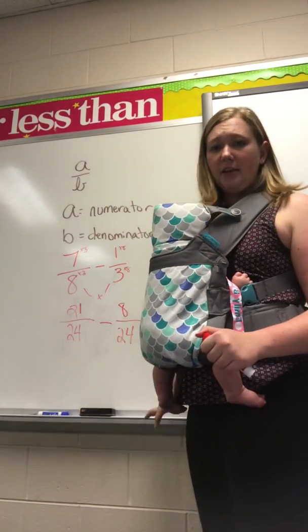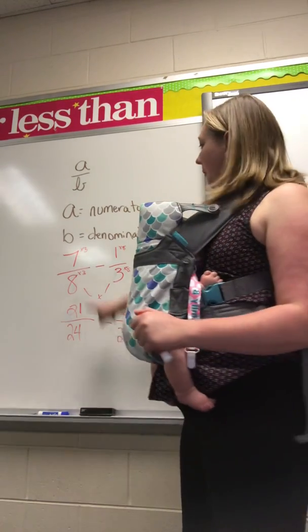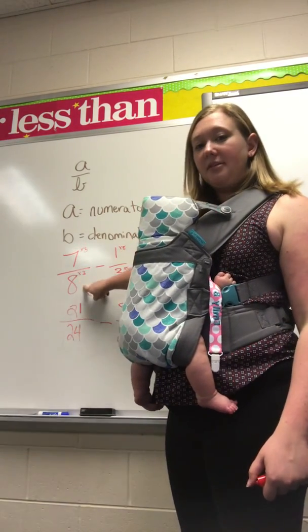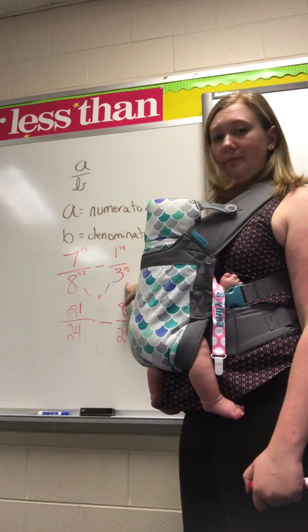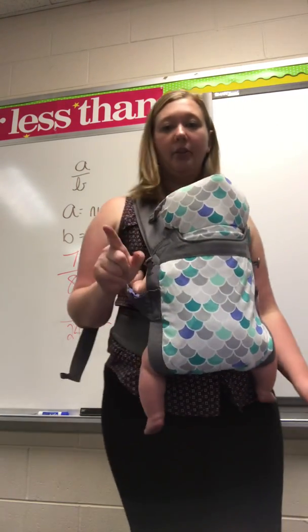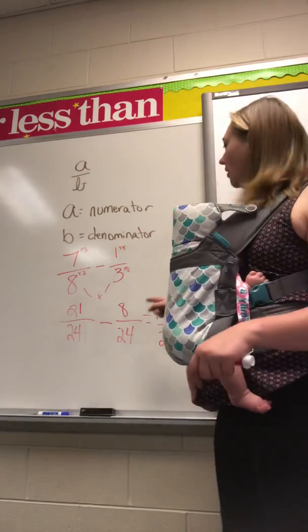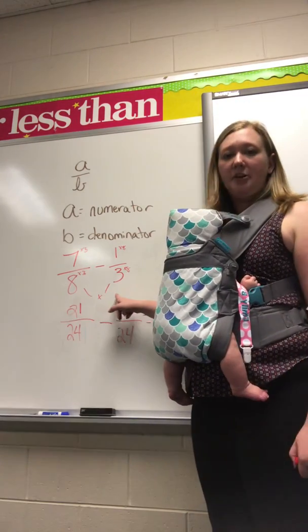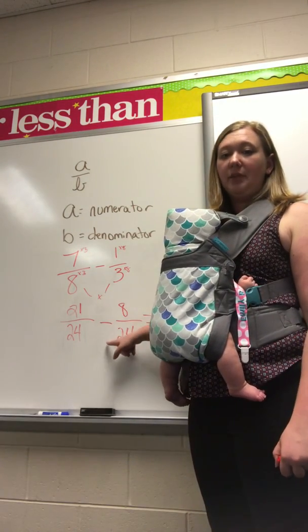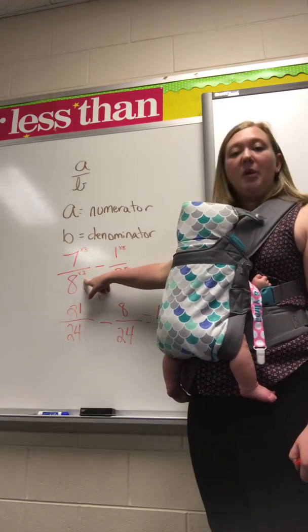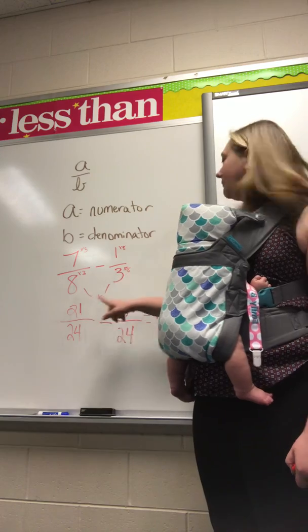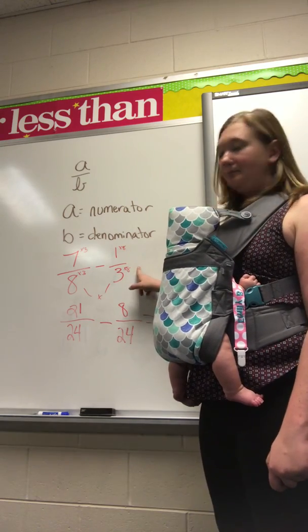Let's walk through this again to make sure we understand. We started out with a fraction, 7/8. We subtracted from that 1/3. Because they had unlike denominators, we multiplied the denominators by each other to find something in common. That was 24. We multiplied the 8 times 3 and the 3 times the 8.